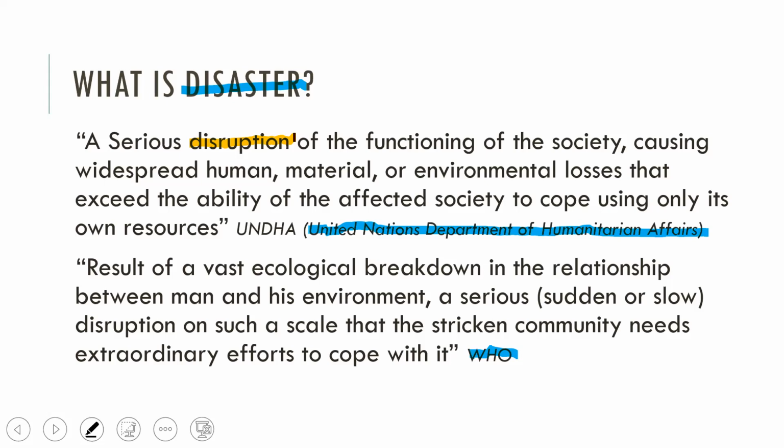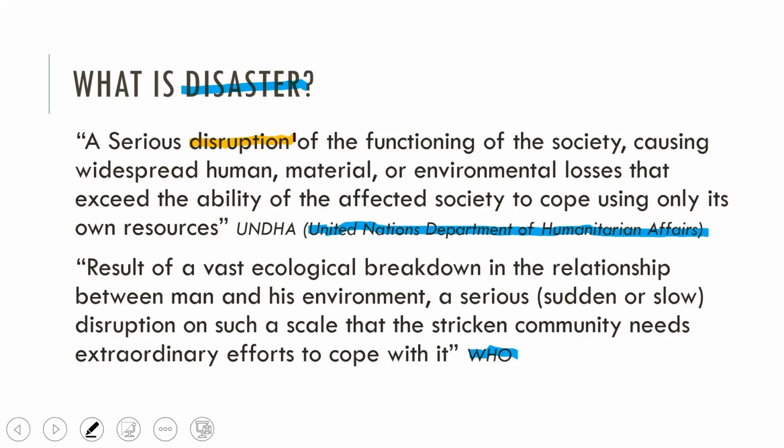So this disruption occurred, but they put a certain condition for this disruption to be considered a disaster. Not any disruption for the society is considered a disaster. What is this condition?